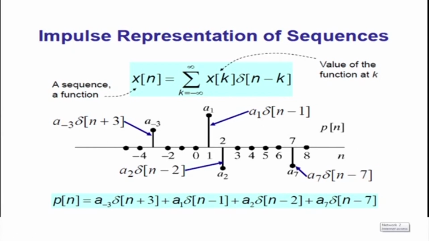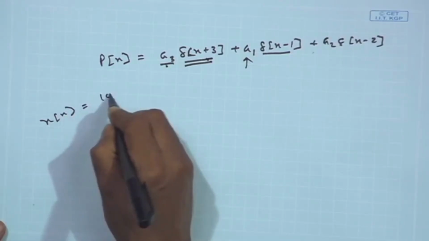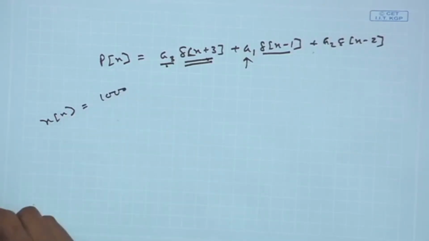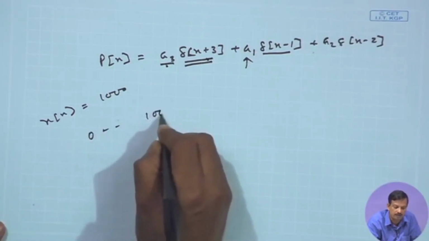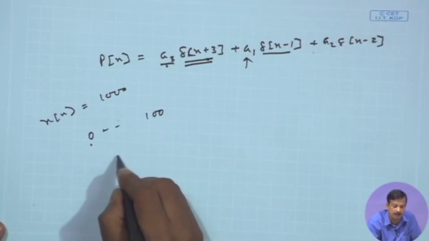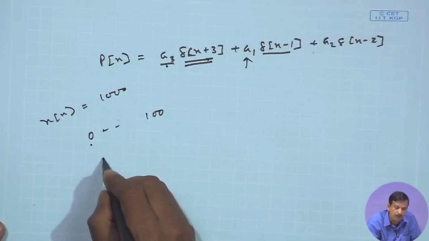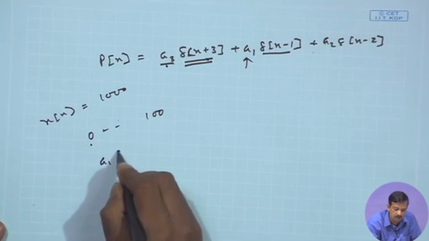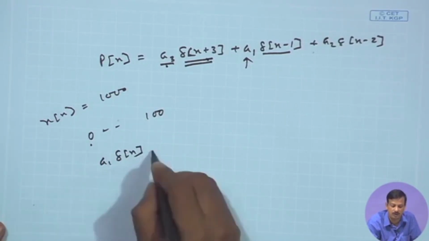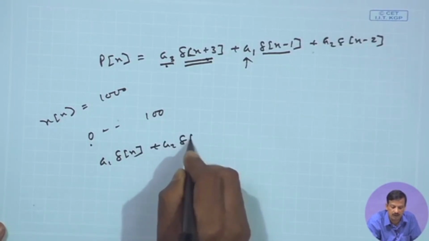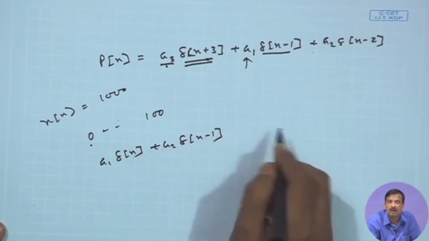So, if I say I have a speech signal x n which has, suppose, 100 samples, and the samples start from 0, 1 to 100, then the first sample amplitude is a 1 with delta n minus 0, next a 2 delta n minus 1, like that way I can write.